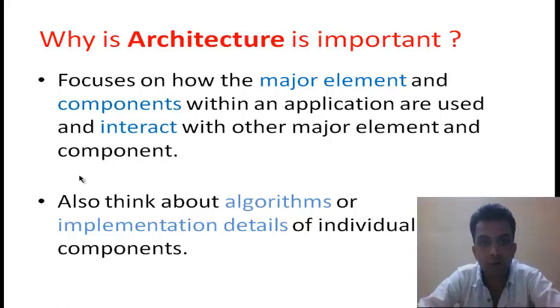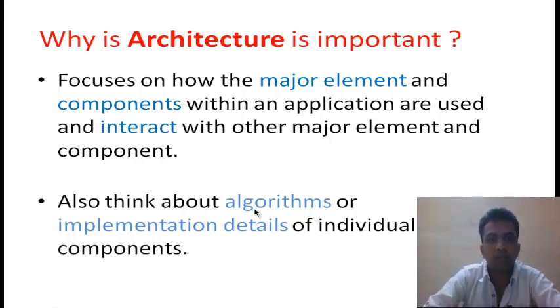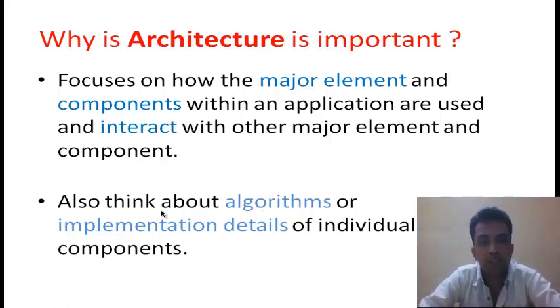In application 1, a major component is going to interact with a component and element of application 2. The second point is that it does not think about the algorithm of individual components and the implementation details of that module or component.